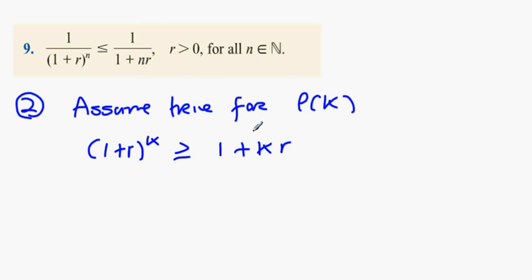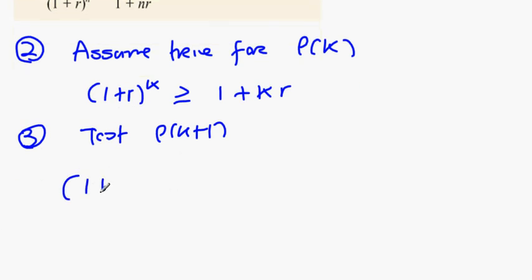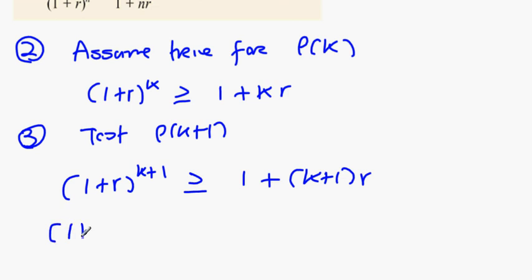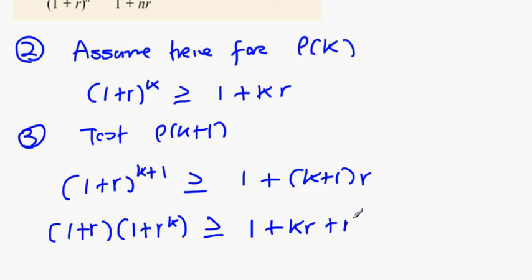Now, we're going to test P of k plus 1. P of k plus 1 is 1 plus r to the power k plus 1 greater than or equal to 1 plus k plus 1 times r. So it's going to be 1 plus r multiplied by 1 plus r to the k is greater than or equal to 1 plus kr plus r.